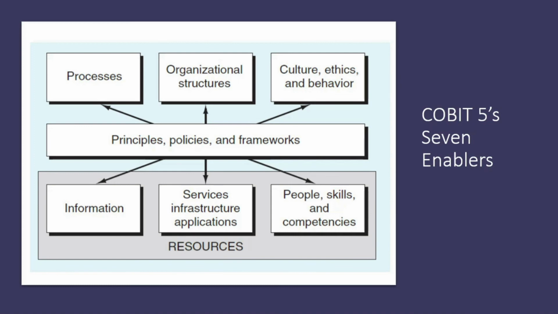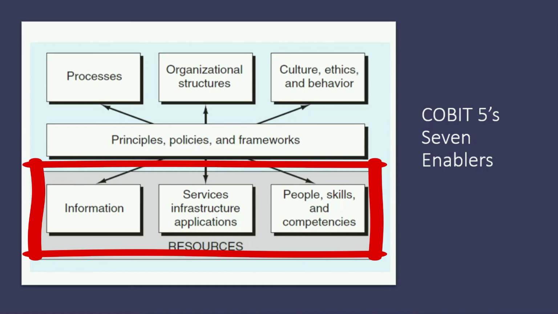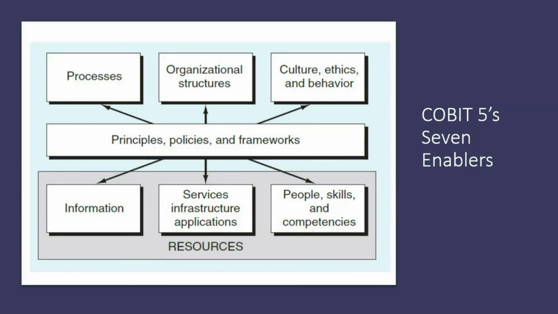This enabler is interconnected with the remaining six enablers: processes, organizational structures, culture, ethics and behavior, information, services, infrastructure and applications, and people, skills and competencies. Information, services, infrastructure and applications, and people, skills and competencies are the resources in the enterprise.